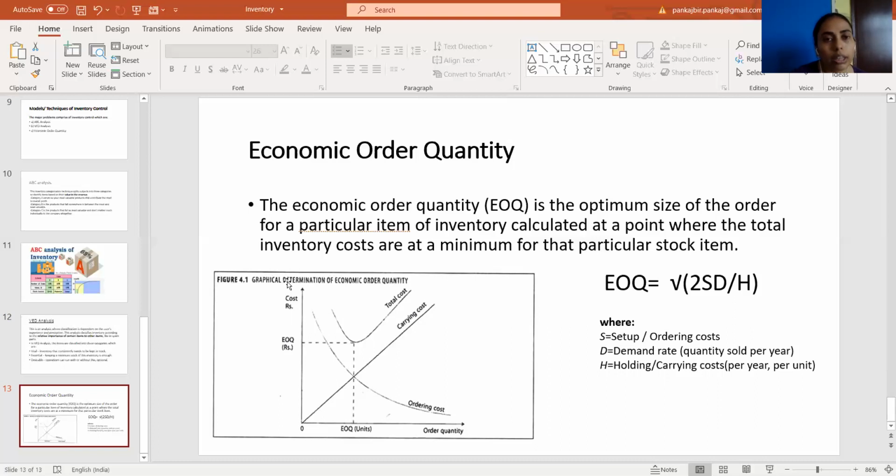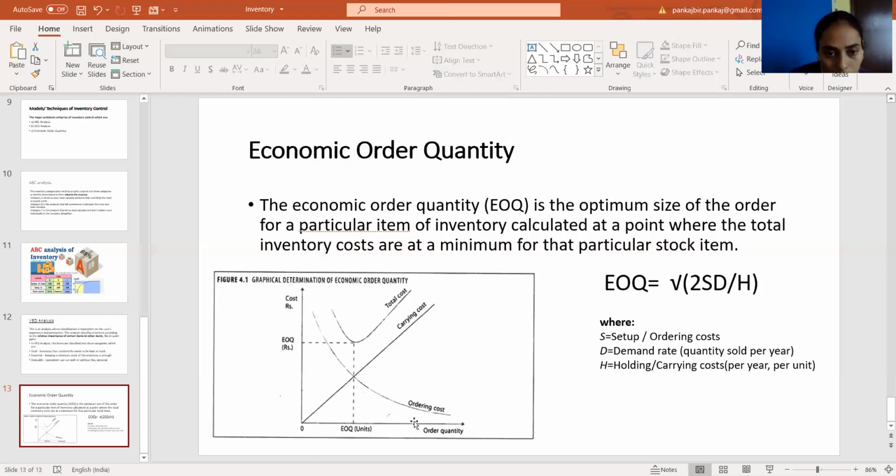And when you are holding or storing some kind of inventory in your organization, this is called carrying or holding cost. And we have also discussed that ordering cost is inversely proportionate to the quantity sold per year or the quantity held by the organization, and carrying cost is directly proportionate to it.